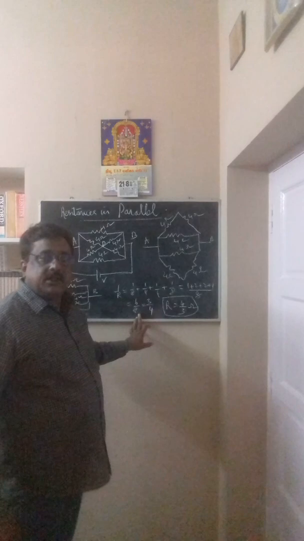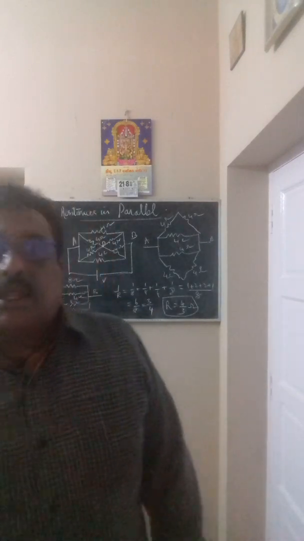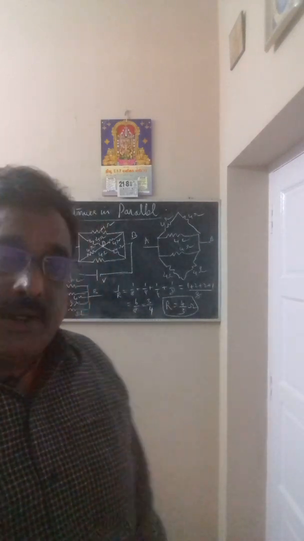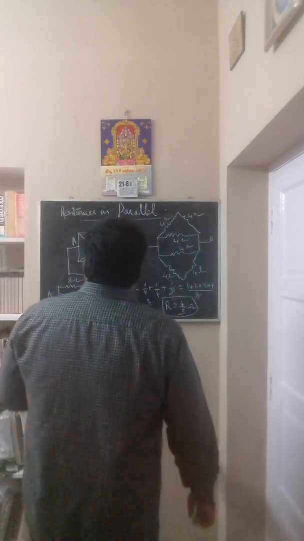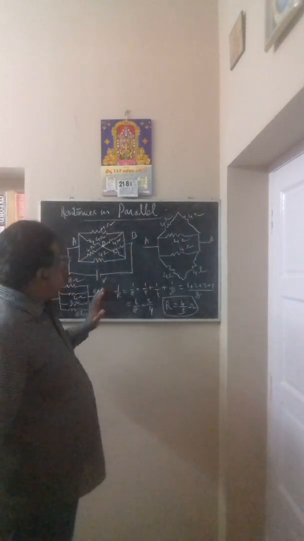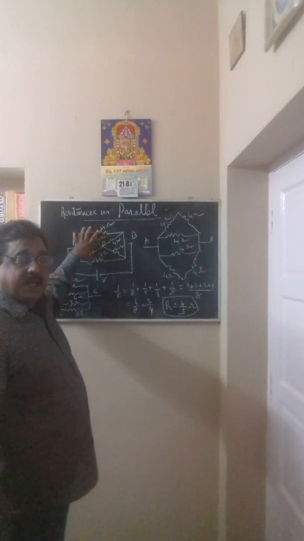This is how you have to find the equivalent resistance in parallel. After converting it into parallel circuit, this is a combination of series and parallel.